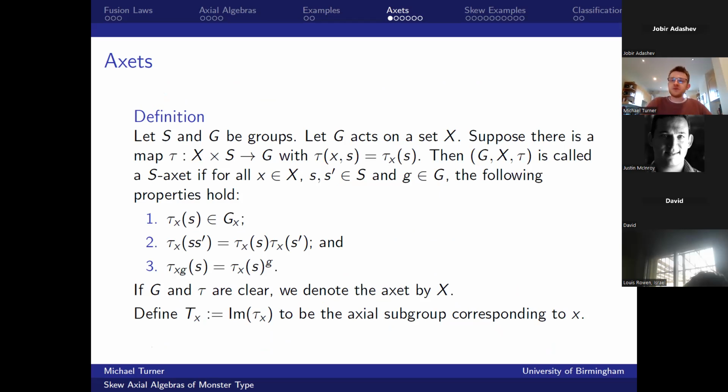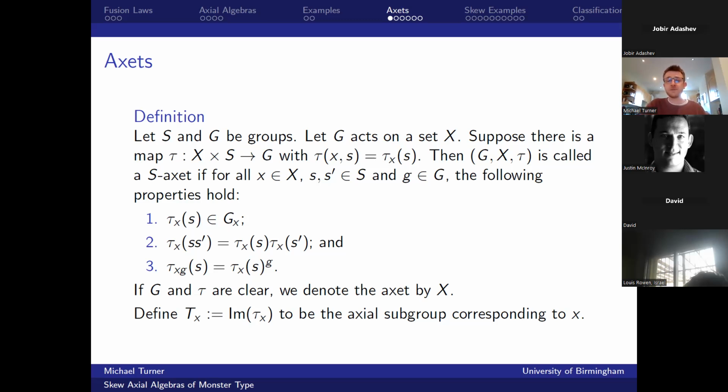So this is a completely group theoretic definition, and you could study axets without looking at axial algebras. However, using axets with axial algebras is very fruitful and helps us understand the structure of an axial algebra. So for the axet definition, we have two groups, S and G, and we're going to let G act on a set X.